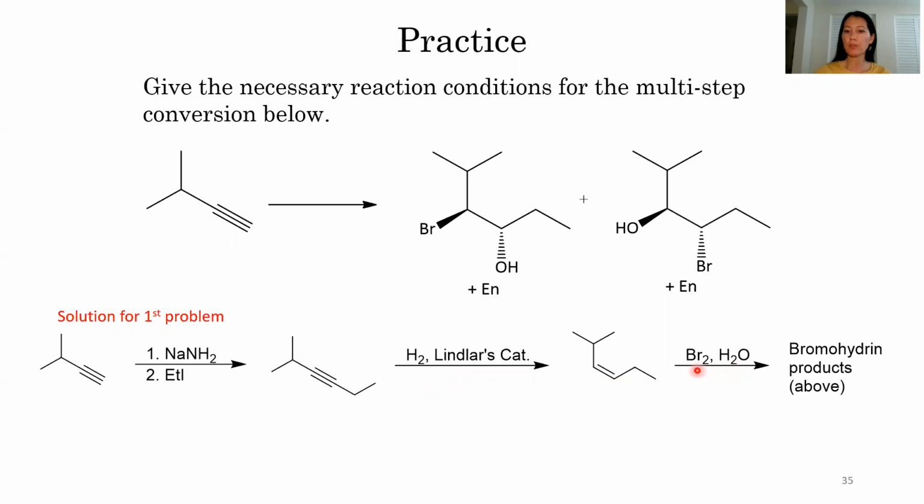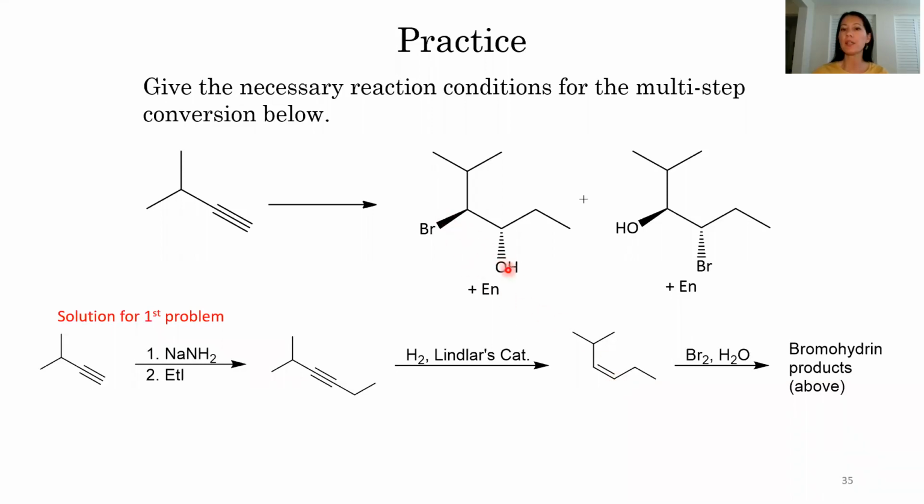So the way that works is, again, you form the bromonium ion here, and then the water will add in from the backside, anti addition. So notice the water can open up from this left carbon or the right carbon. There is no preference because both of these are secondary carbocations. So that's why we get both.